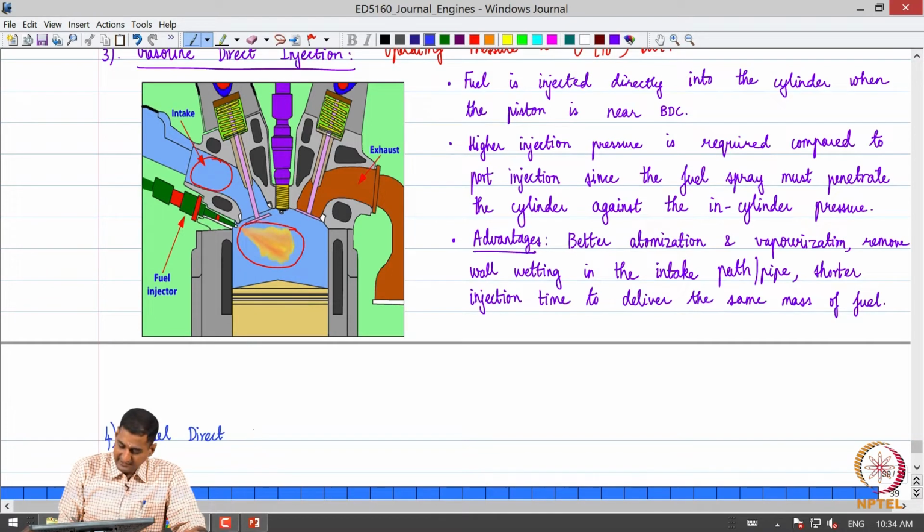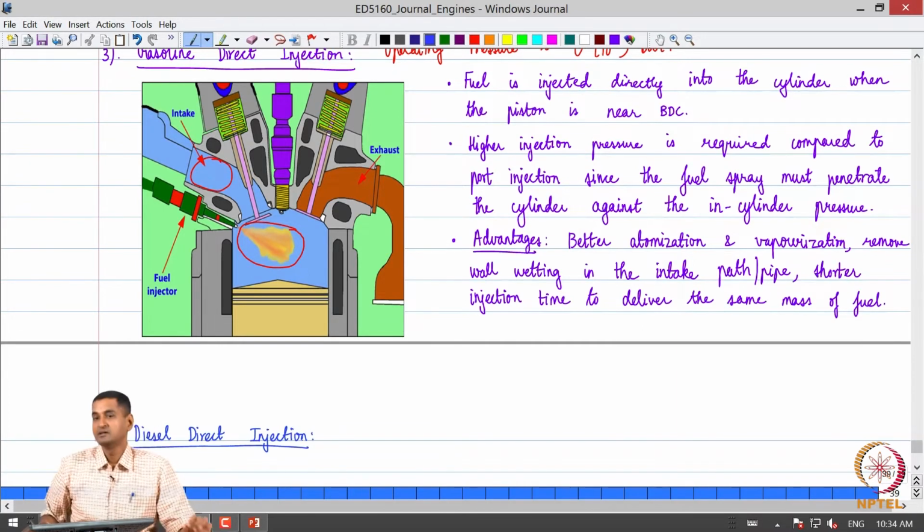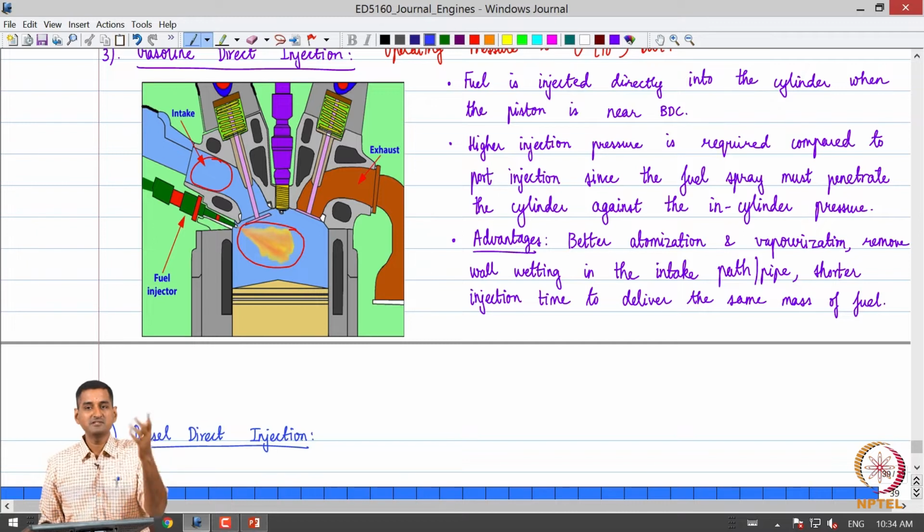Anyway, in diesel engines the combustion of the fuel happens due to self ignition, and as we have already seen, in a diesel engine the injection of fuel happens towards the end of the compression stroke. So, the diesel fuel has to be sprayed against high pressure in the cylinder, and not only that, it has very little time to atomize, vaporize, and form a homogeneous mixture.